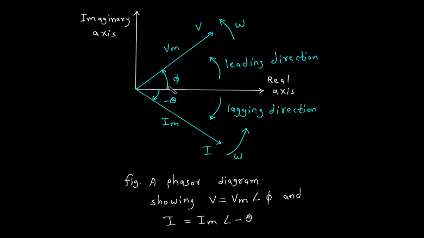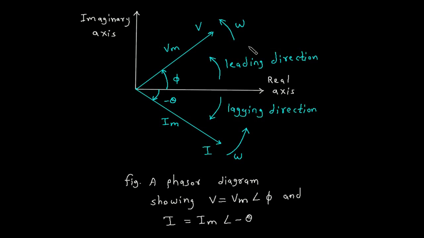Now here is a phasor diagram showing V is equal to Vm at an angle phi and I is equal to Im at an angle minus theta. So here we can see this is a complex plane where this horizontal axis represents the real axis and this vertical axis is the imaginary axis.